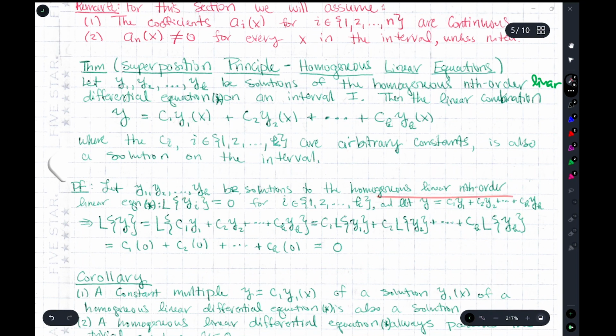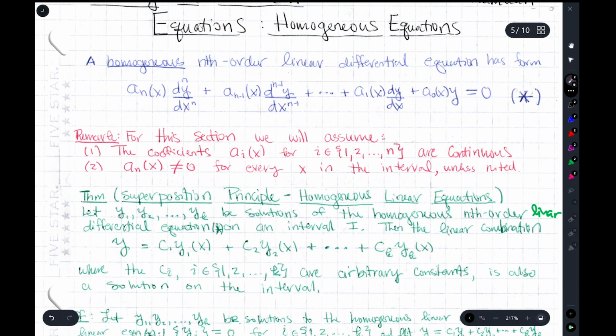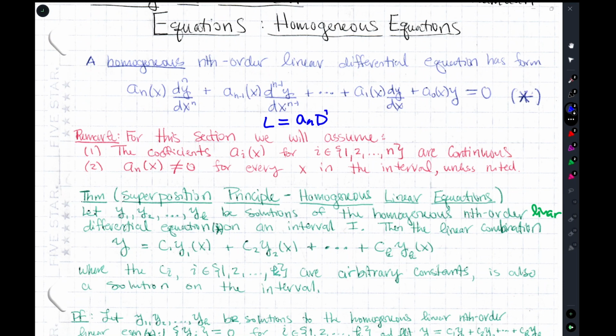So let's look at the proof. And so let these be solutions for the homogeneous nth order linear equation, asterisk. Well then, by definition of the yi, the linear operator L operating on yi should be 0. And you'll recall that L here is just the same form, but written out in operator notation.